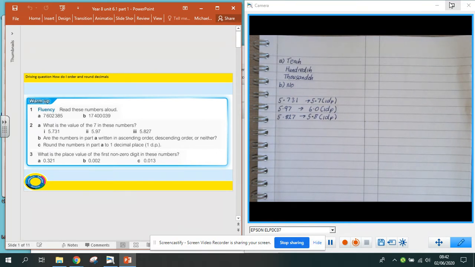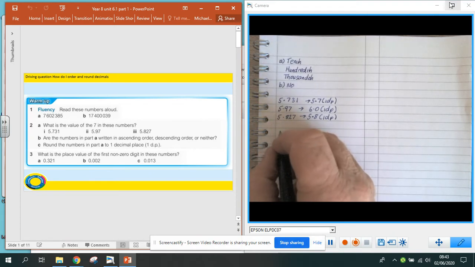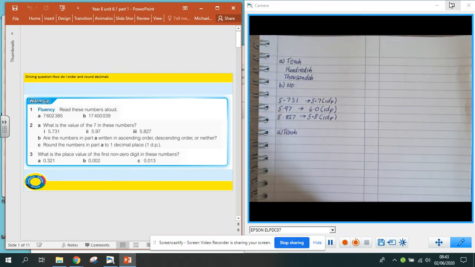Question 3. What is the place value of the first non-zero digit in these numbers? So the first number that isn't a 0. In the first one, we've got 0.3, so my first number is in the first place of decimals. So that is a tenth.